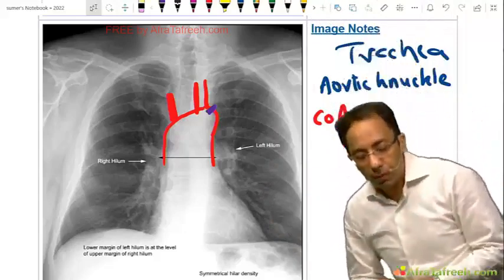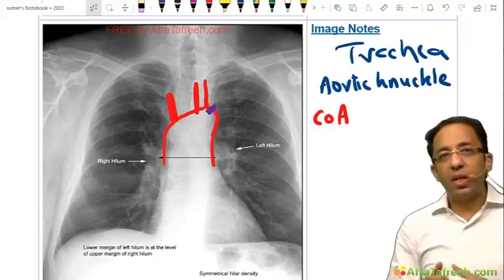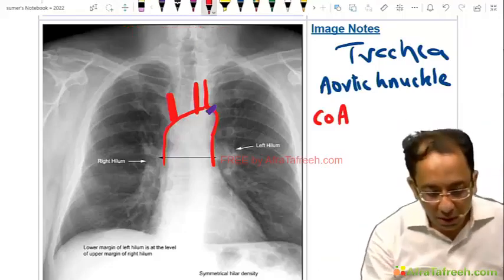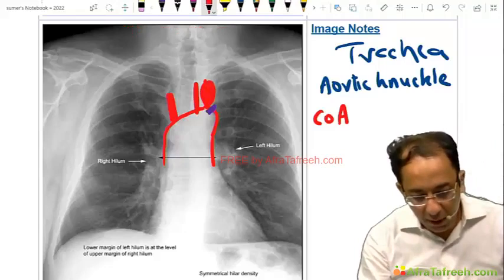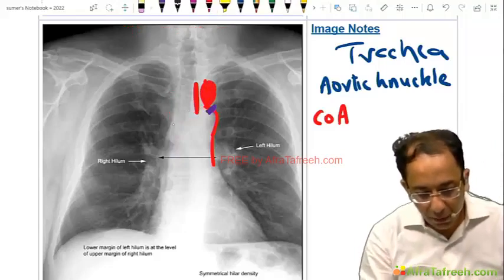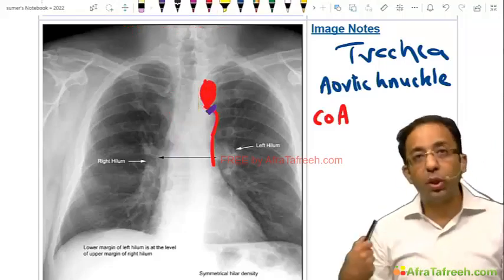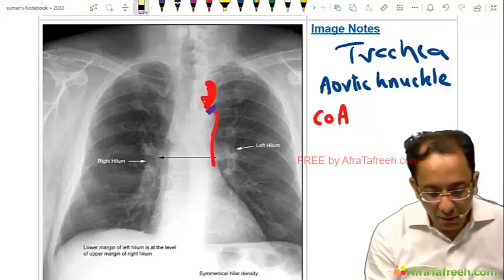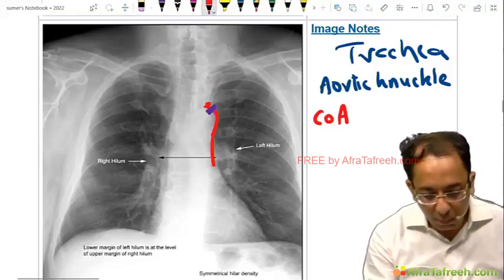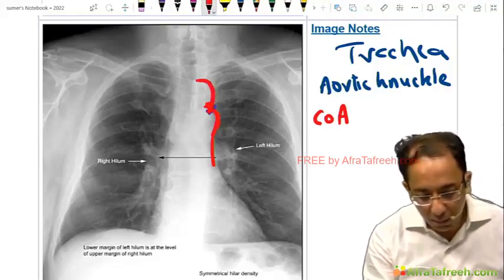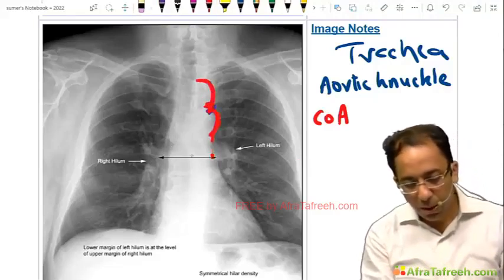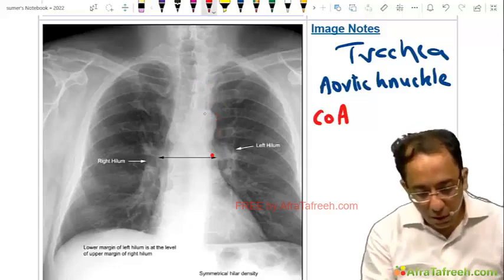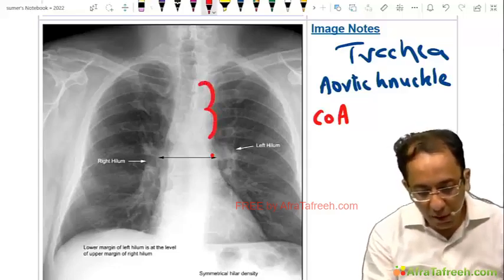Now, if there is a narrowing after the left subclavian, it will become dilated. That means in coarctation of aorta, the left subclavian is dilated. This dilated left subclavian will cause a bulge above the aortic knuckle.